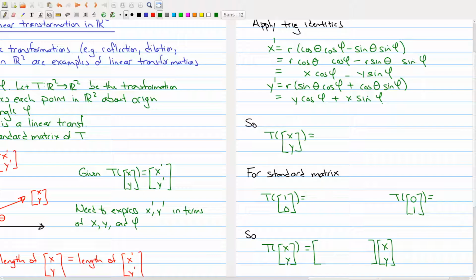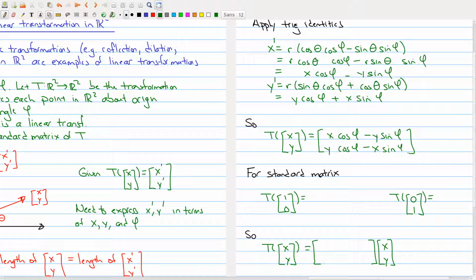So putting all the pieces together, the vector x, y will get sent to x cos phi minus y sine phi, and the y coordinate will be y cos phi plus x sine phi.